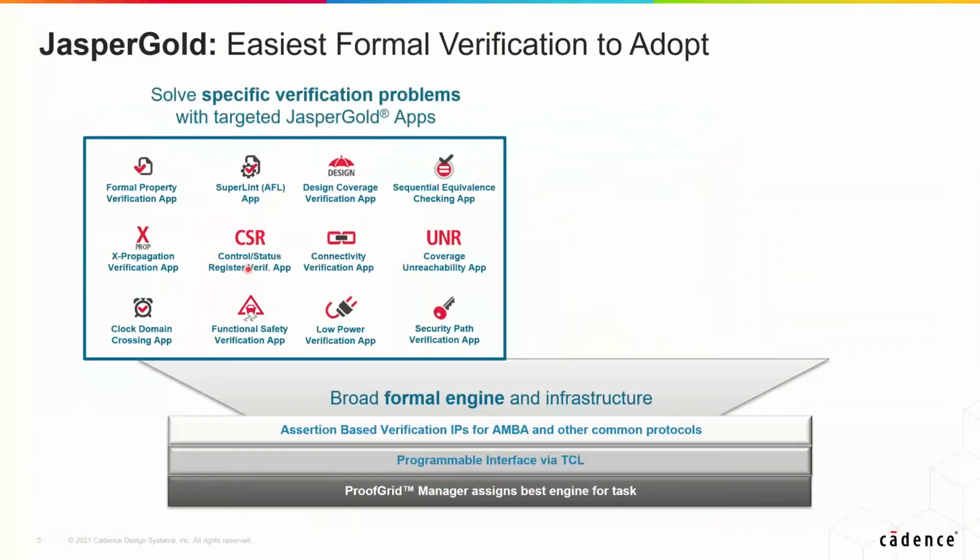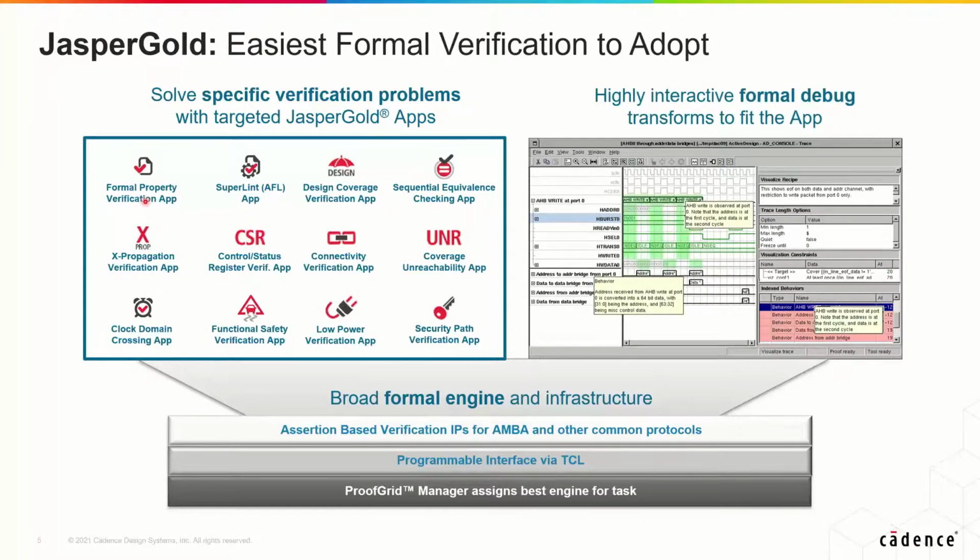In Cadence, we have a product called JasperGold. It's a platform which contains many apps, which I will not describe here, but the idea is that we are trying to verify specific behaviors of the design through the usage of those apps. I will focus though on formal property verification app, which is the more generic one, and on the SuperLint app, which is our lint checker.